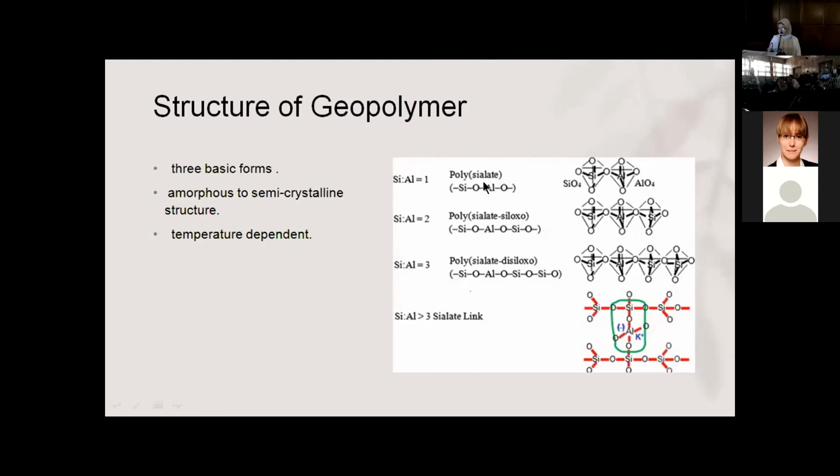So it's obvious that in polysialate, the silicon to aluminum ratio equals 1, in polysialate-siloxo it equals 2, and in polysialate-disiloxo it equals 3. If the ratio is greater than 3, then we have a sialate link, which is a cross-linked polymer. The microstructure of geopolymer is amorphous to semi-crystalline, depending on temperature.